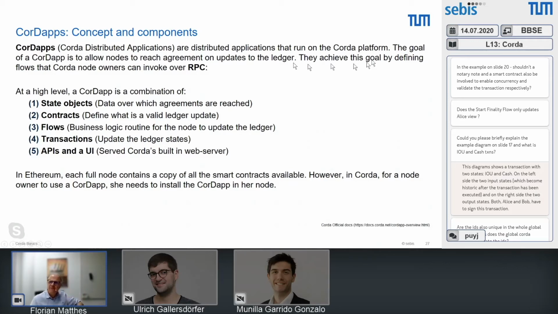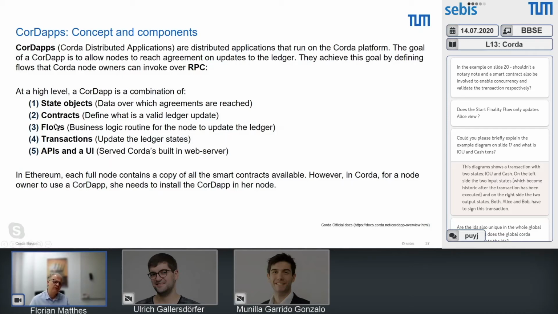And this is done by defining flows that Corda node owners can invoke over RPC. So you trigger them with RPC, but the execution is done on the nodes which are executing the flows. The flows refer to state objects at runtime, which are based on state definitions. They use contracts, which are functions defined at compile time, which are stateless, so the constructs are immediately executed.